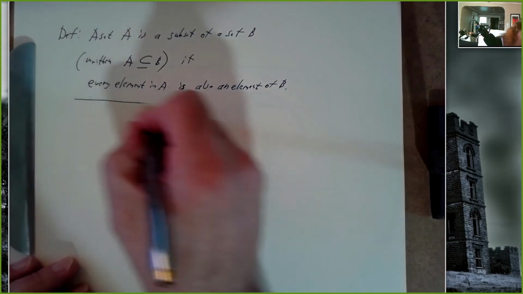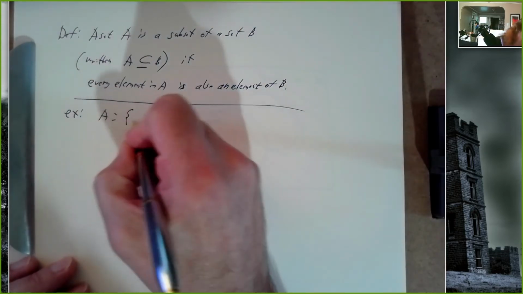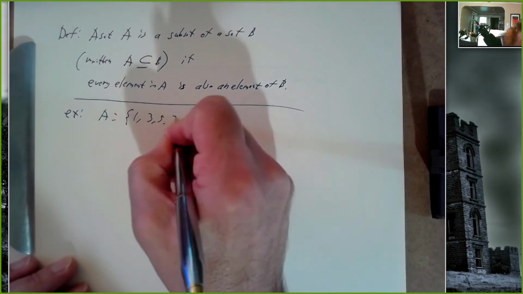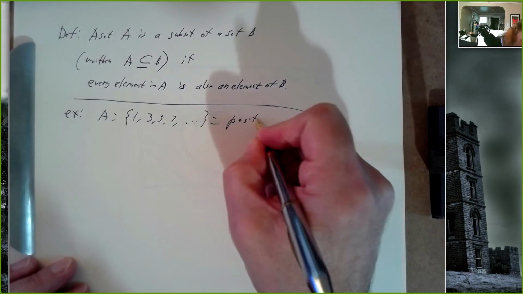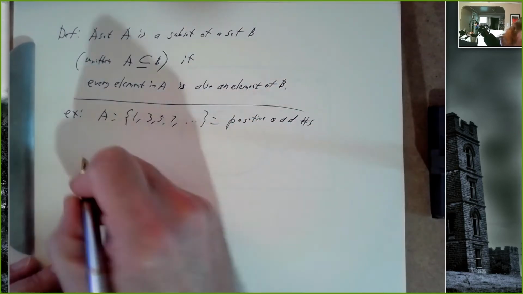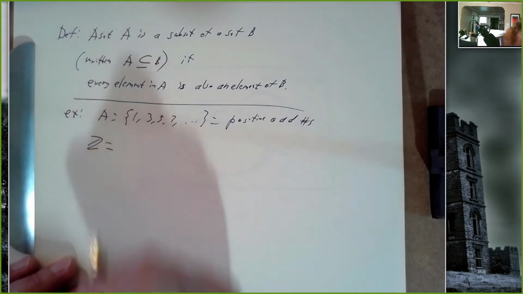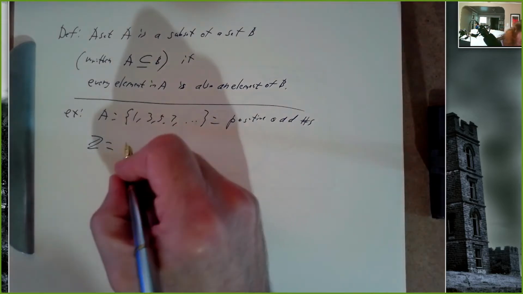So for example, A equals 1, 3, 5, 7, and so on, equals the positive odd numbers. And do you remember what the set Z is with the funny double slash on the diagonal? That's the set of all integers, right?